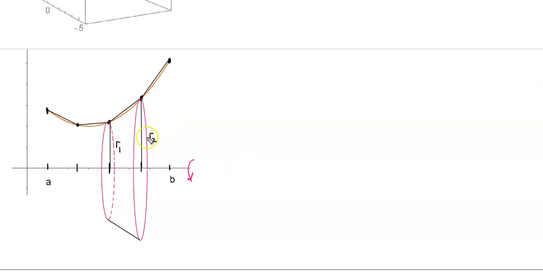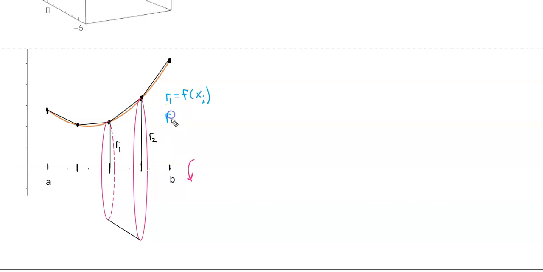And let's also note the relationship between R1, R2 and the function f of x. Notice that R1 is equal to f of xi, right? That's the distance from here up to the curve, if we label this point right here as xi on the x-axis. So xi represents the left-hand endpoint of your ith subinterval.